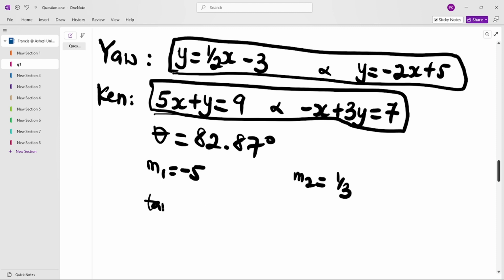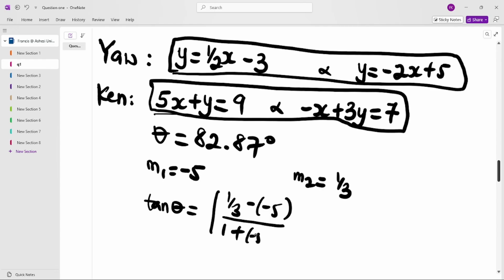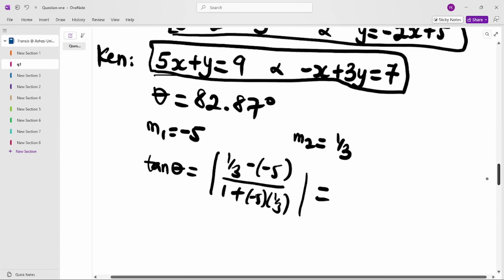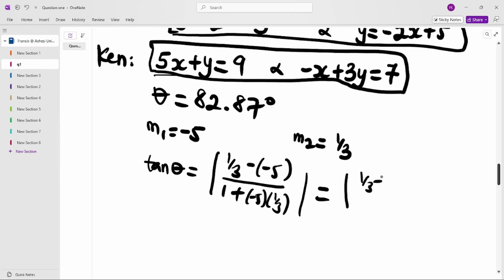Then tan theta will be equal to, I can go in any order, so let me do 1 over 3. I like putting the negative ones at the back, but they won't change anything. 1 plus negative 5 times 1 over 3. That will be equal to, the numerator here is 1 over 3 plus 5, all over 3 minus 5.